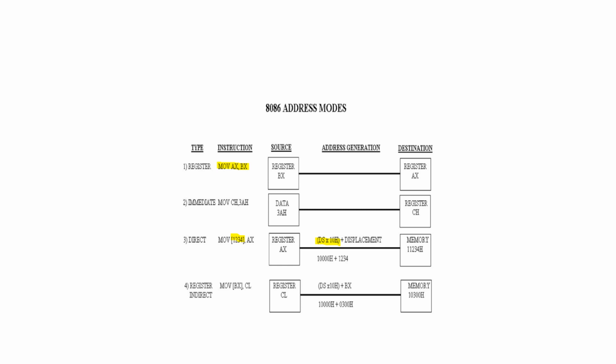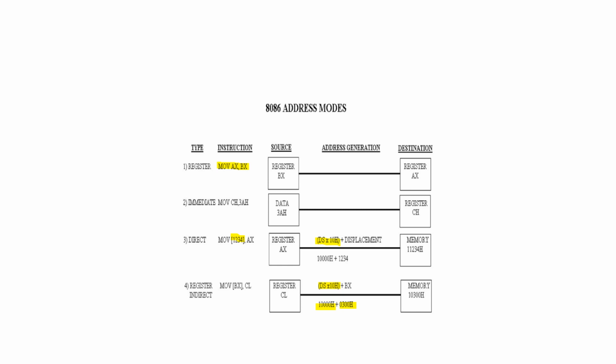Again assume that your data segment address is 1000. The 1000 will be multiplied with 10h, so that you will be getting 10,000h. Then assume the BX content is 0300. I have taken the value that is there in BX.